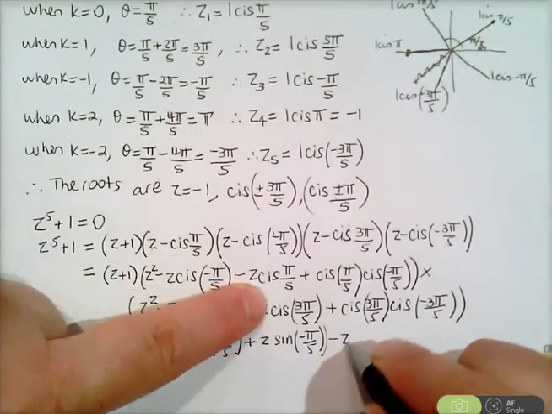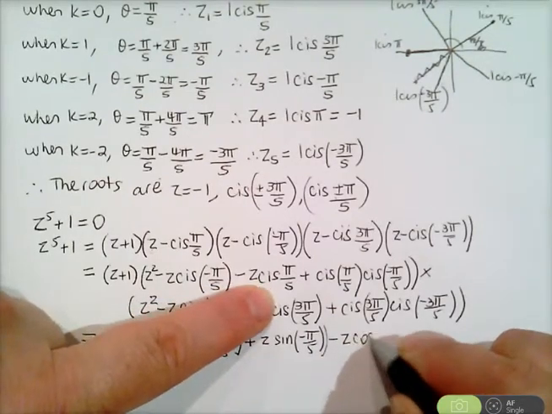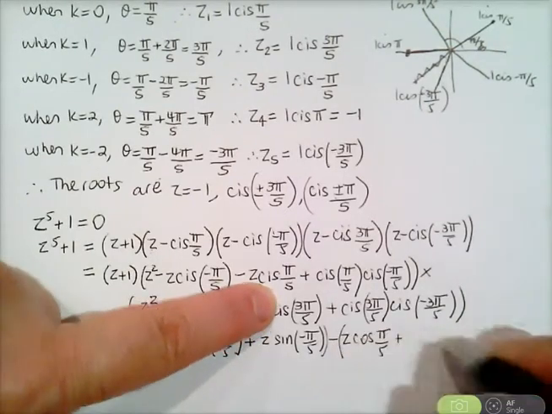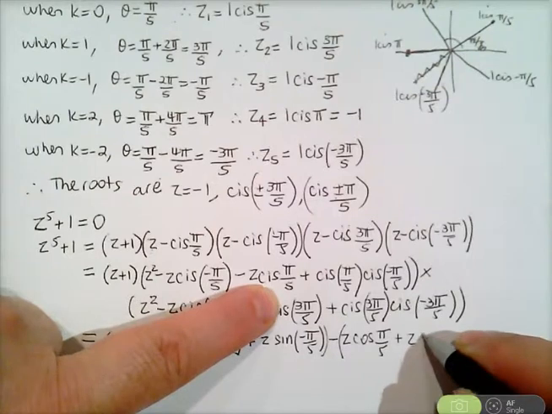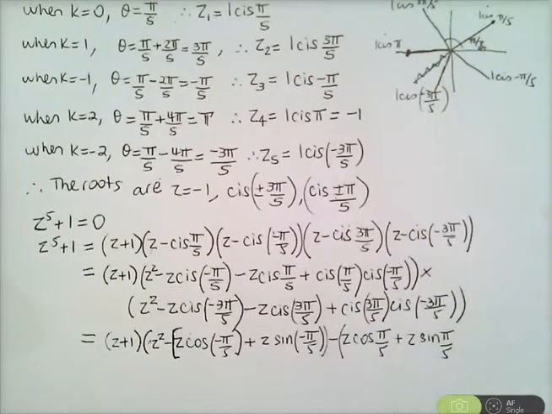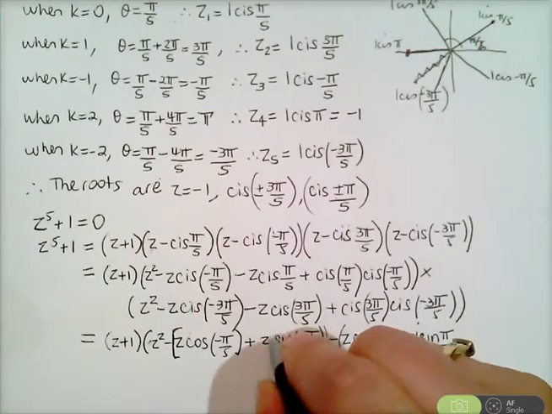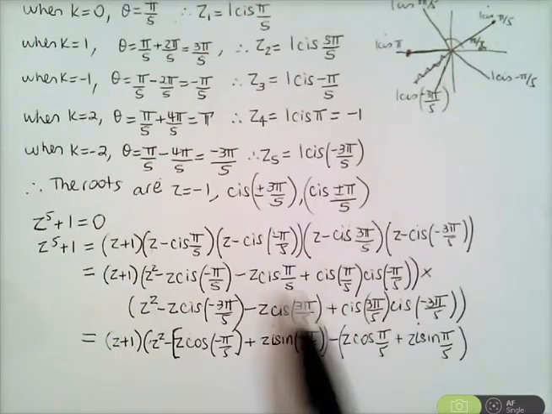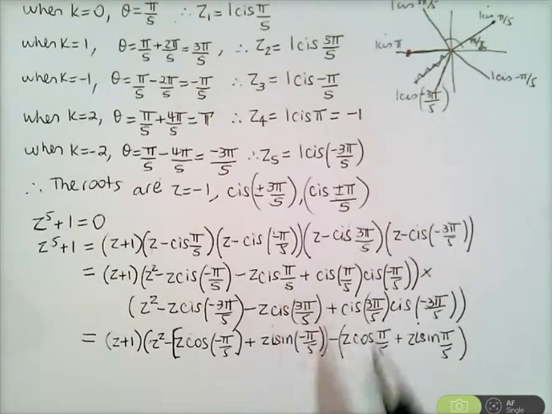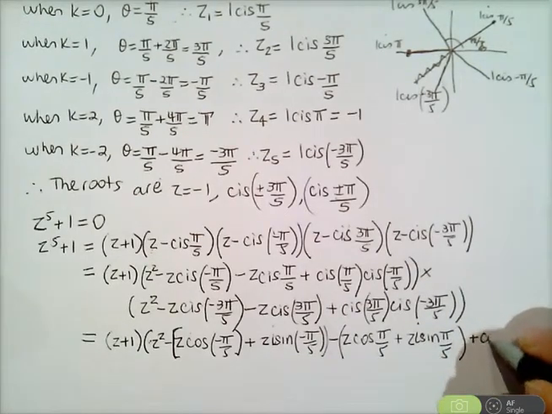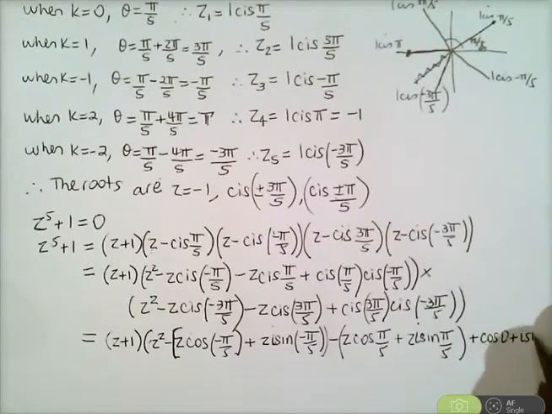Be really careful here, minus z cos pi on 5, I'll just put a bracket here, plus z i sine pi on 5. So just putting an i sine here and an i sine there. Then I've just expanded that, and we've got plus cis of 0, which will be plus cos 0 plus i sine 0.